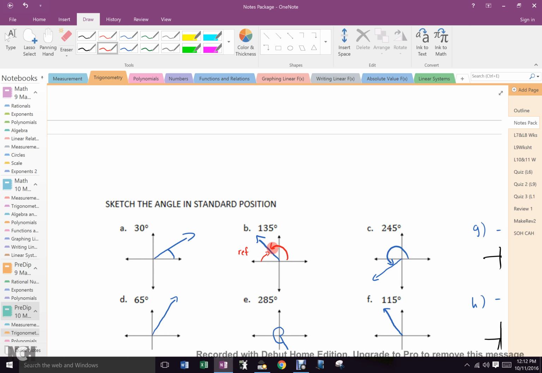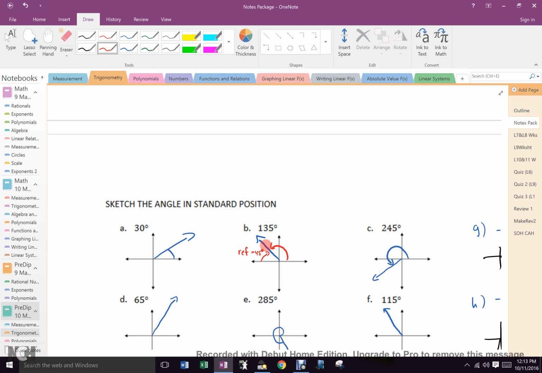But you guys are smart kids. If this is 135, what's this? 45. Do some better addition. What's this? 45.